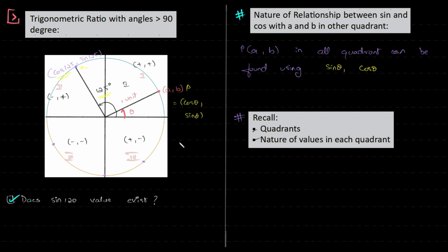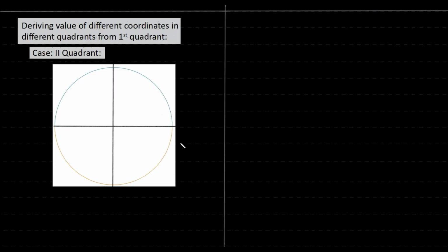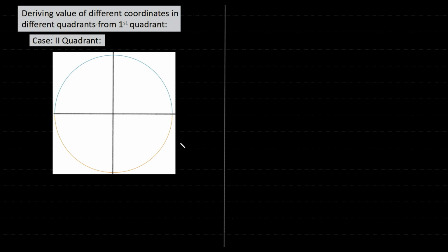And so we have the following things that we have to know. And now the actual core thing, that is deriving the values of coordinates in different quadrants from the first quadrant. Now we are going to figure out that, say I have a point P, which is A comma B, making an angle of theta, right? How can I relate it to something which is over here?